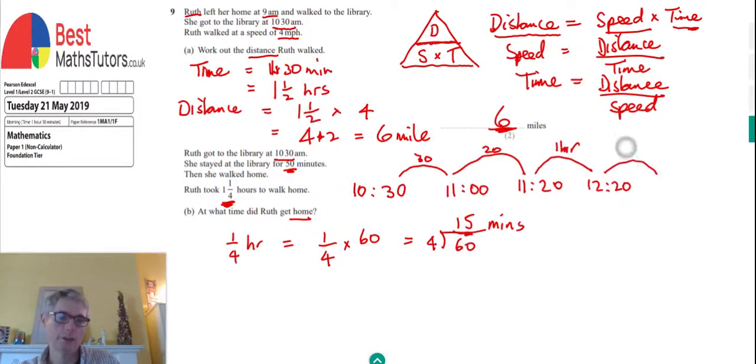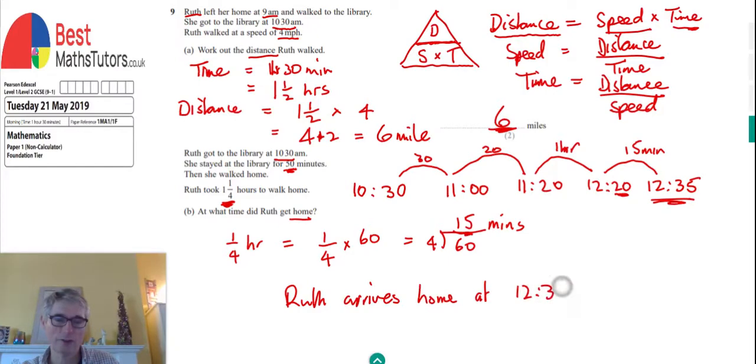So another 15 minutes, this is the minutes part of it. So we're just going to add 15 onto that. So we're going to get 12:35. So that's what time Ruth arrives home. So Ruth arrives home 12:35.